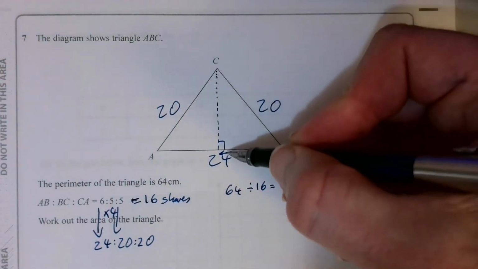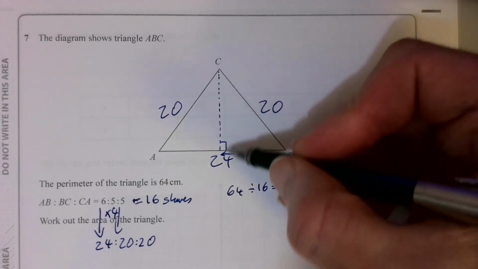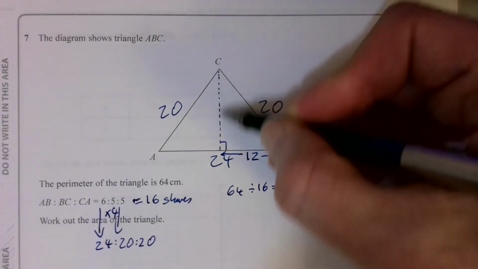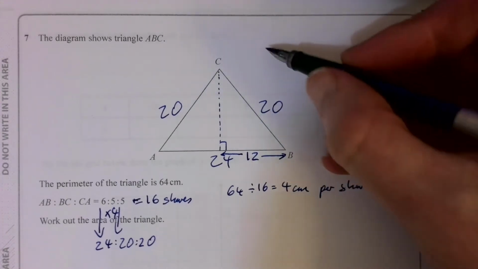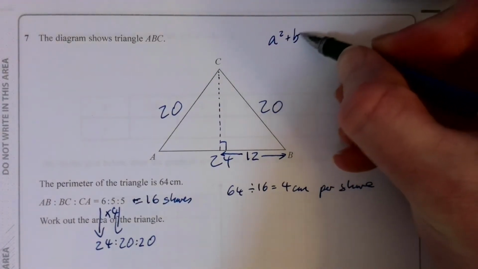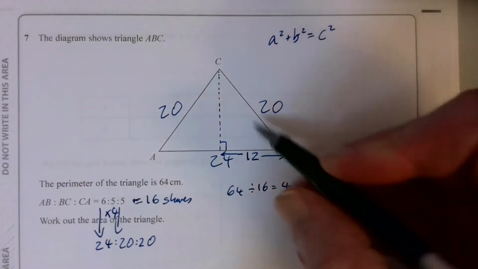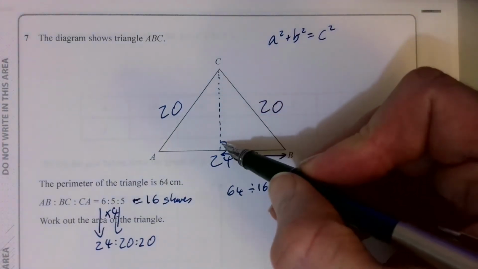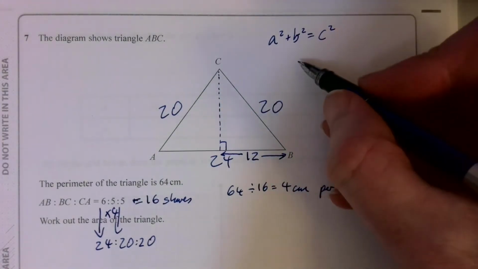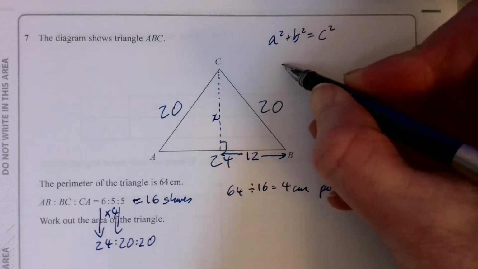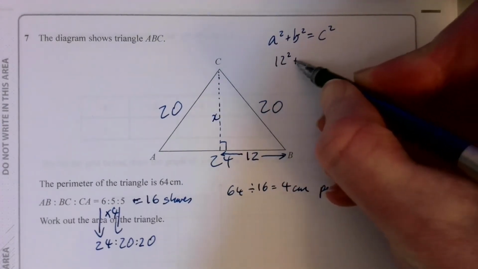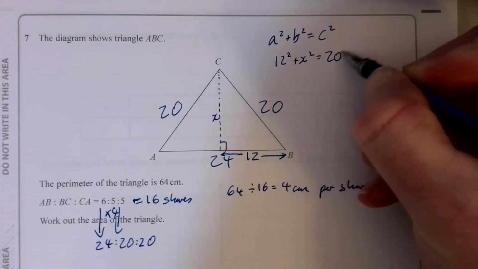And how high is this? Well, we've got a right angled triangle. This is the hypotenuse. A squared plus b squared equals c squared. On this occasion, this is a shorter side. So if I call this x, 12 squared plus x squared equals 20 squared.